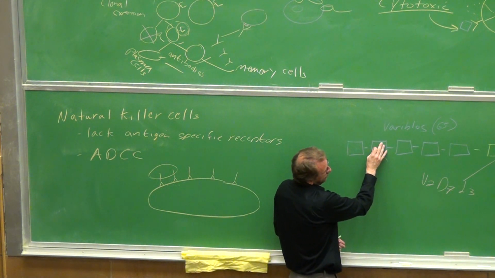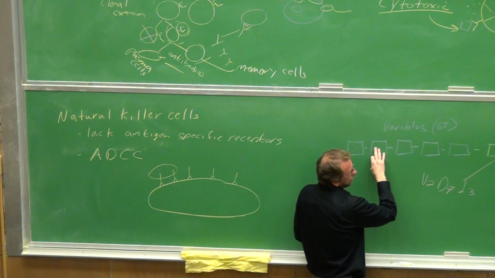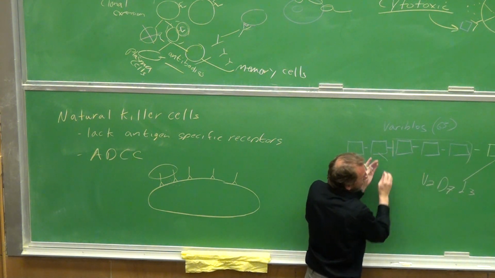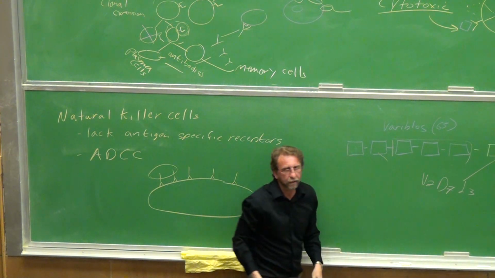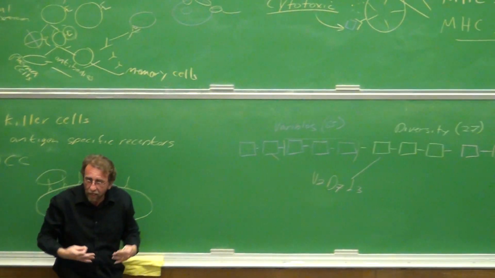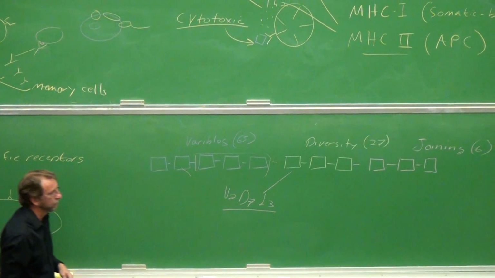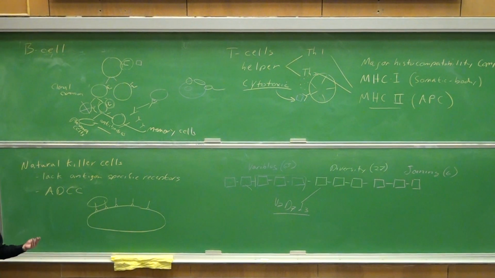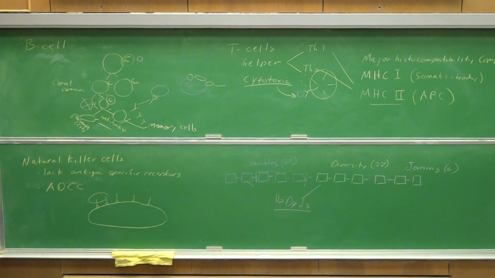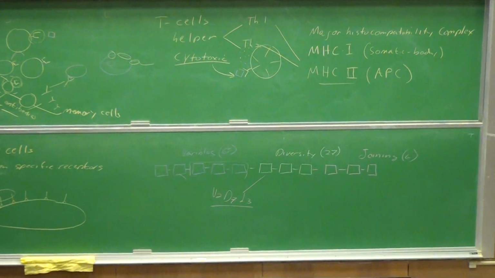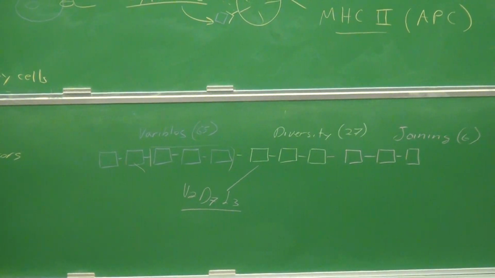What happens is that these regions that aren't being used drop out, and you get the DNA segments to come together to form what will be eventually a specific protein that will be able to recognize only one type of molecule out there.